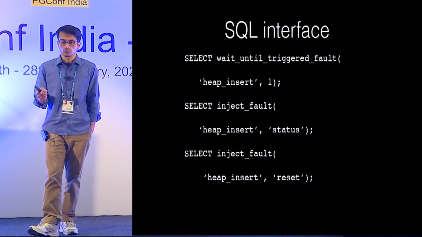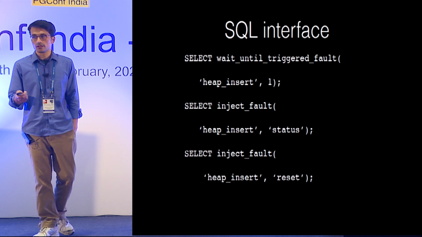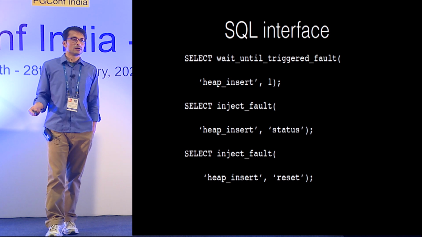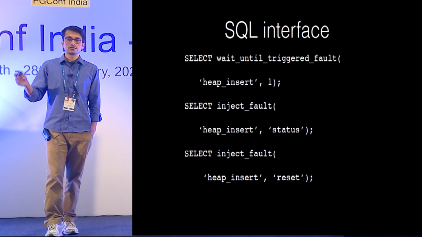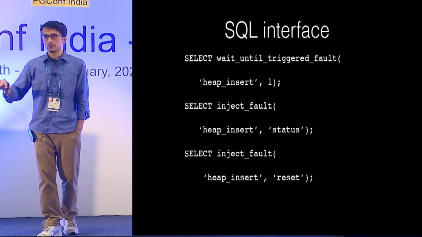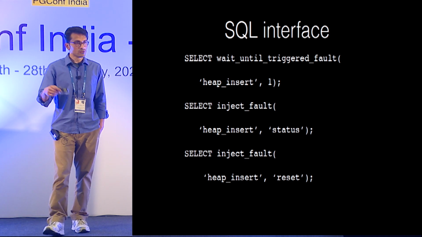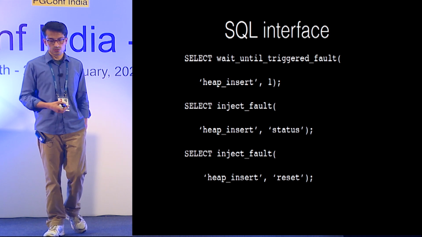So the last argument 1 means it will wait until the heap insert fault is triggered one time. And remember, the fault action and its status, everything is maintained in shared memory, right? So whenever the fault is hit, all other backends know that the fault is hit, and that's why this works.